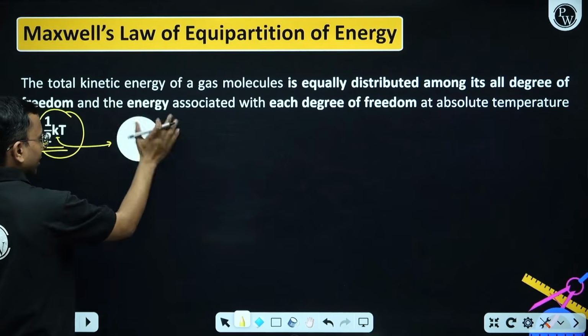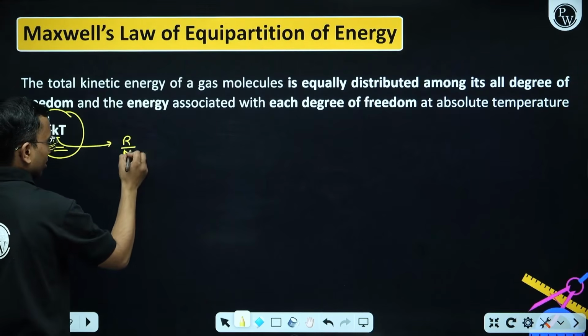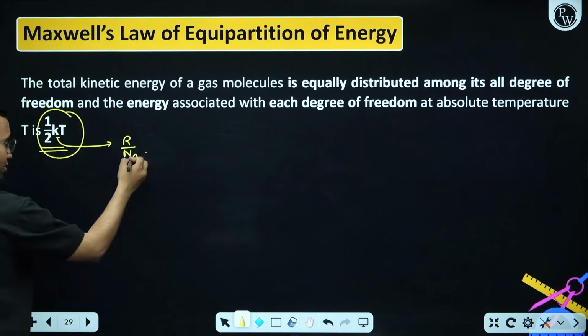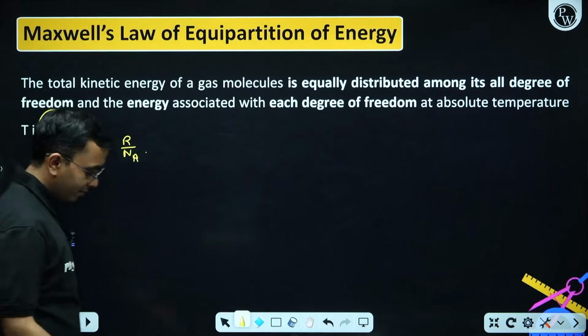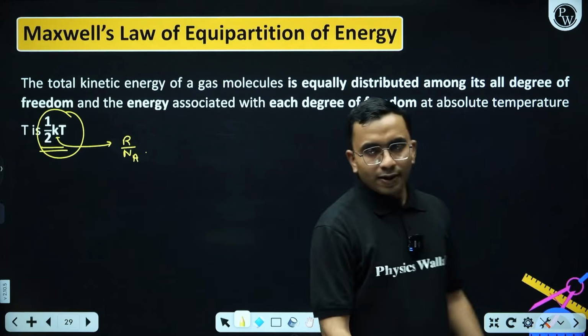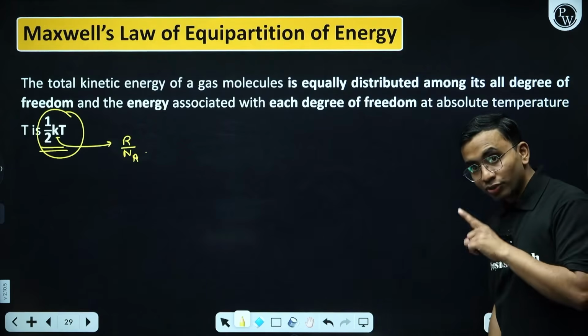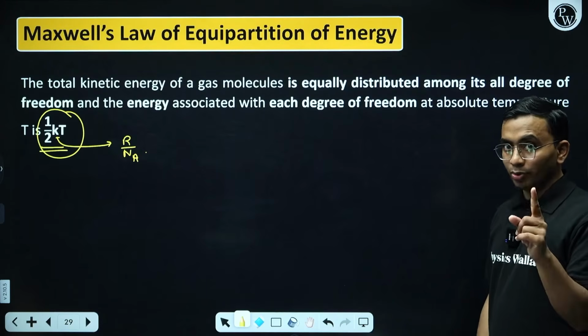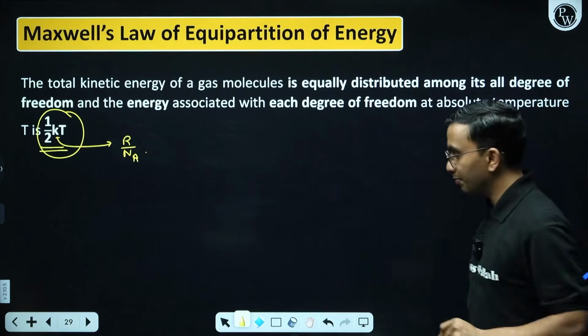Anyways, let me write it as R by Na because you get confused. This is my R by Na. This is for a molecule, each molecule, one molecule.